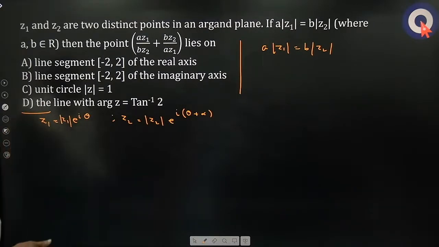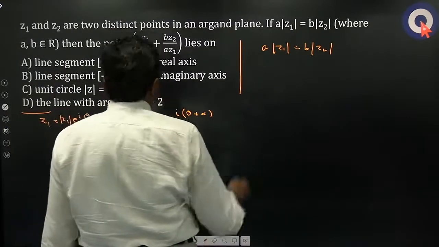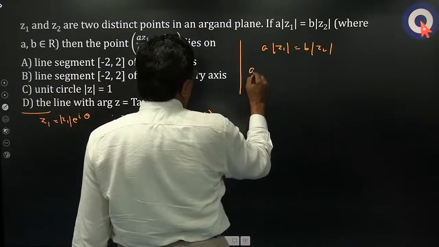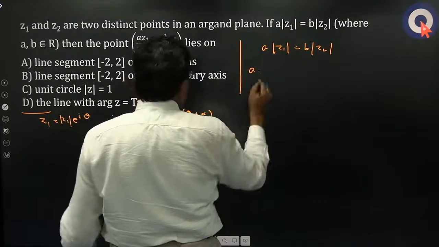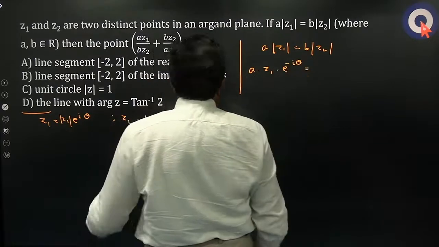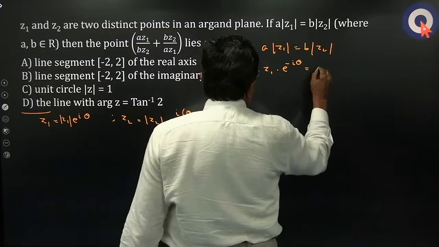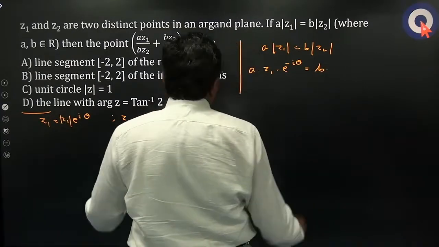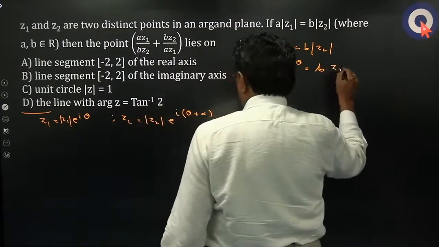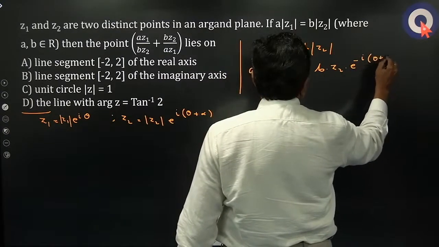Alright. So A into mod Z1 is equal to B into mod Z2. So from this, A into mod Z1 is Z1 into e power minus i theta, and B into mod Z2 is Z2 into e power minus i theta plus alpha, right.